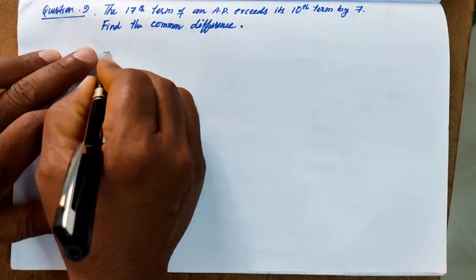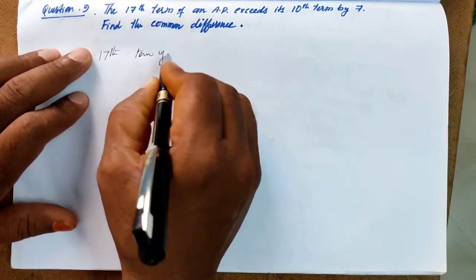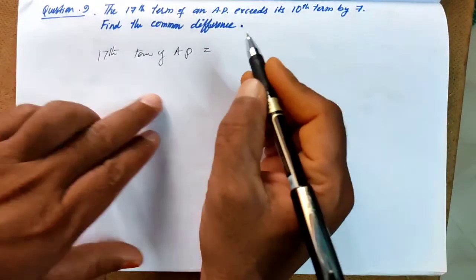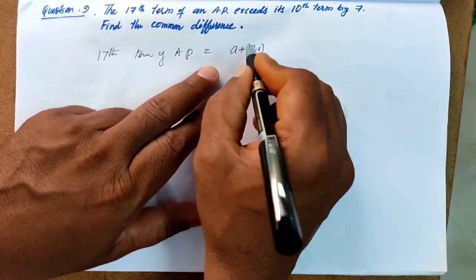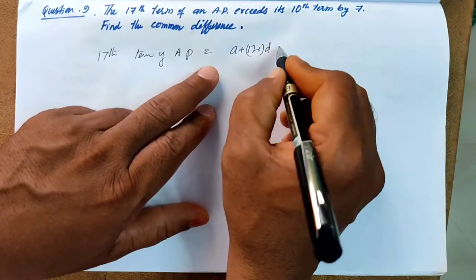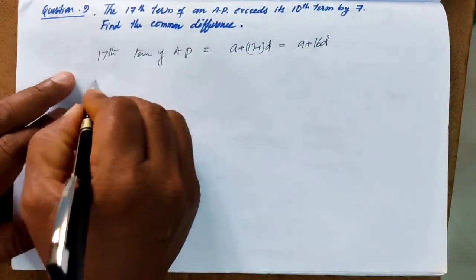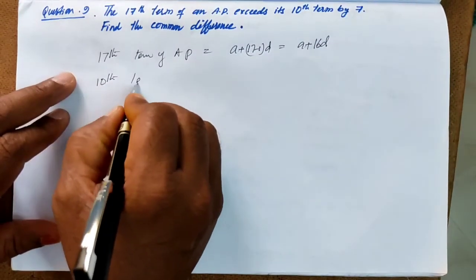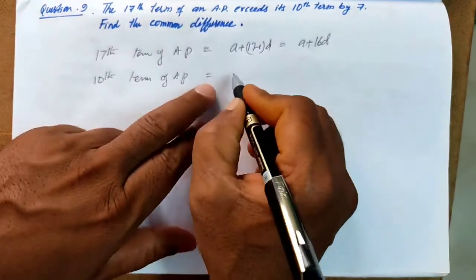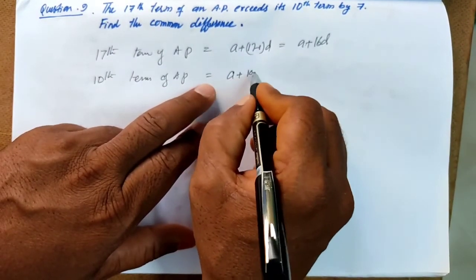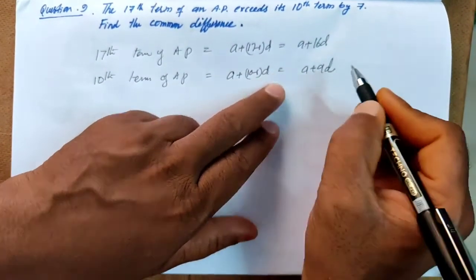So the 17th term of AP we can write as a plus 17 minus 1 into d, which is equal to a plus 16d. And the 10th term of AP is equal to a plus 10 minus 1 into d, which is a plus 9d.